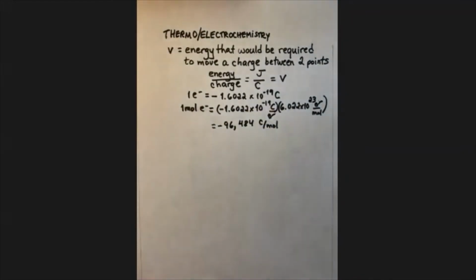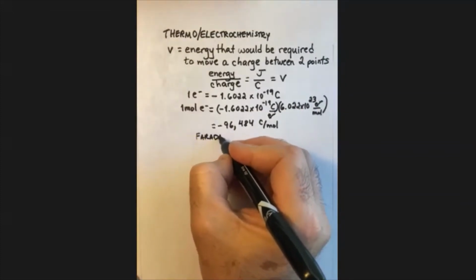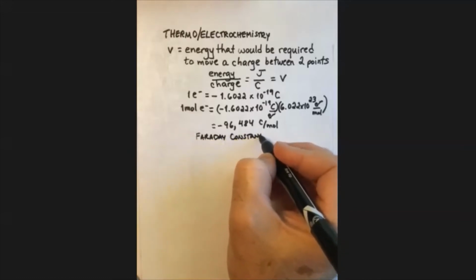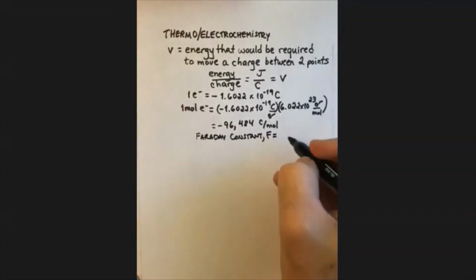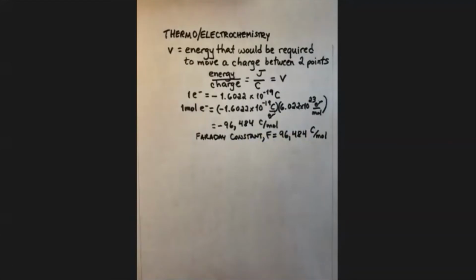Because at this point we are not going to be concerned with whether the charge is negative or positive, this is going to be called the Faraday constant, F, and we're going to say it's 96,484 coulombs per mole of electrons. And we're going to call that a constant.